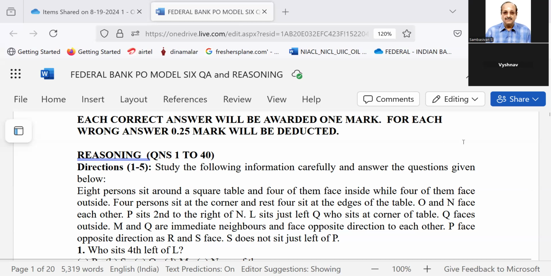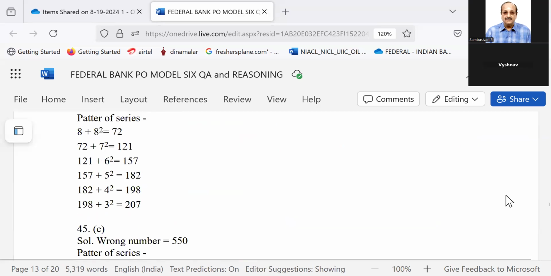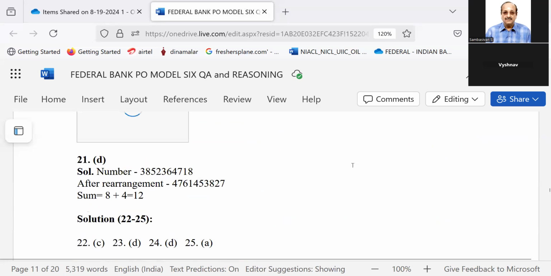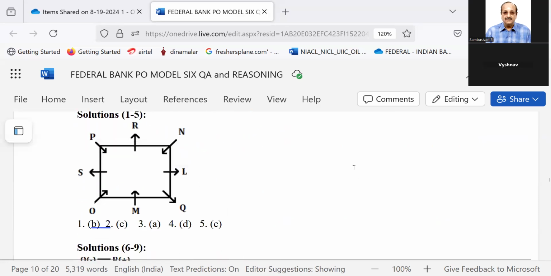So the picture will come like this. Please see the picture. This is what I was explaining.